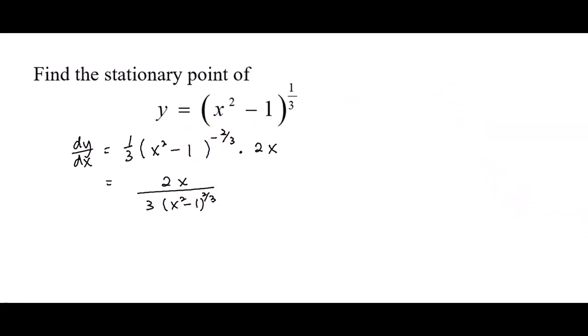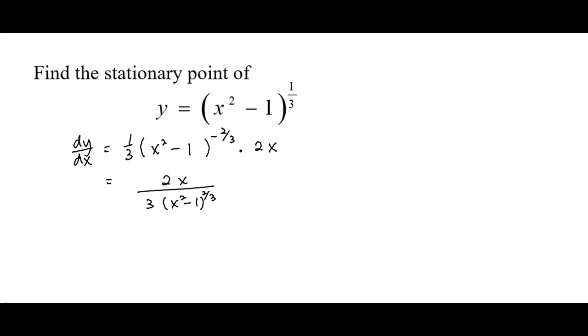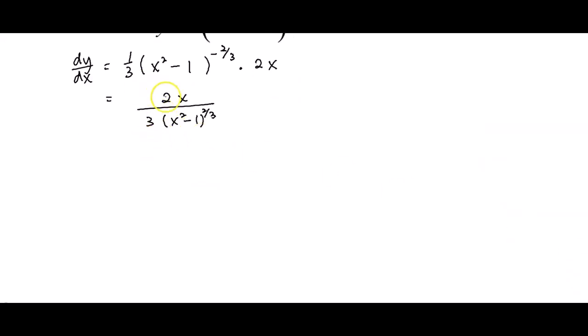So this represents dy/dx, that is the gradient of the curve. But I'm interested in the stationary point, so let dy/dx equal 0, because we know that at a stationary point the gradient has to be 0. So let 2x over 3(x squared minus 1) to the power of 2/3 equal 0. From here we solve, we have x equals 0. So very obviously the stationary point happens when x equals 0.